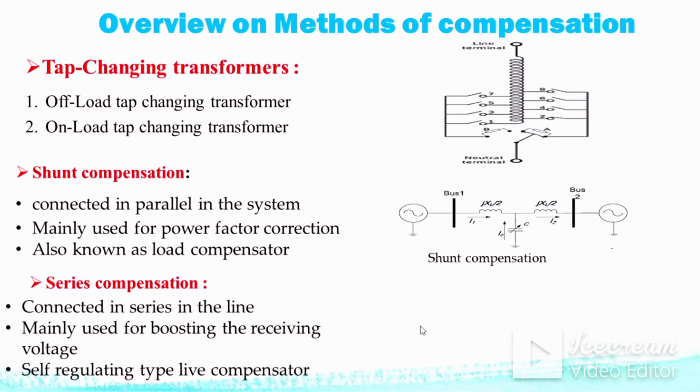We know that receiving voltage is always lesser than the sending end voltage. Due to transmission line losses and inefficiency of the feeders and distribution lines, losses occur, and thus at the receiving end the voltage is always lesser than the sending end voltage.